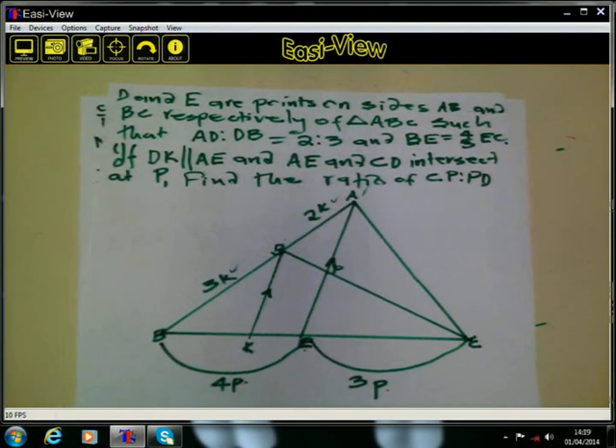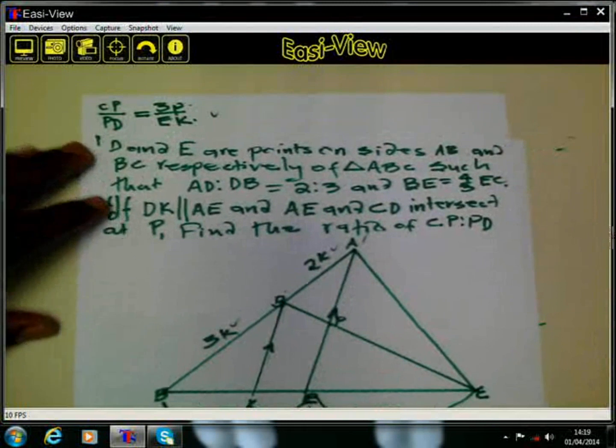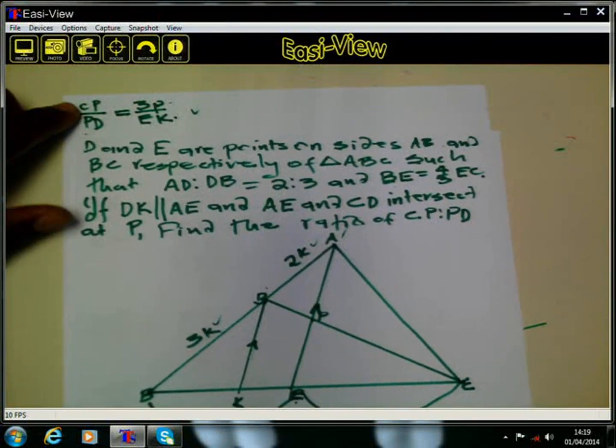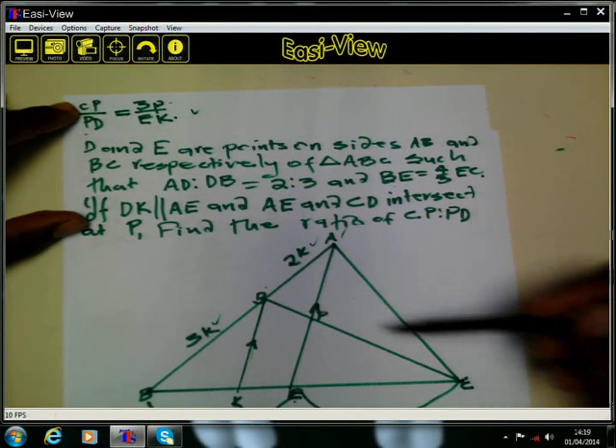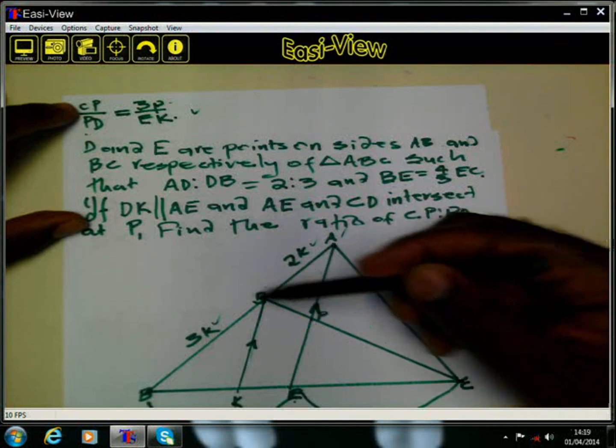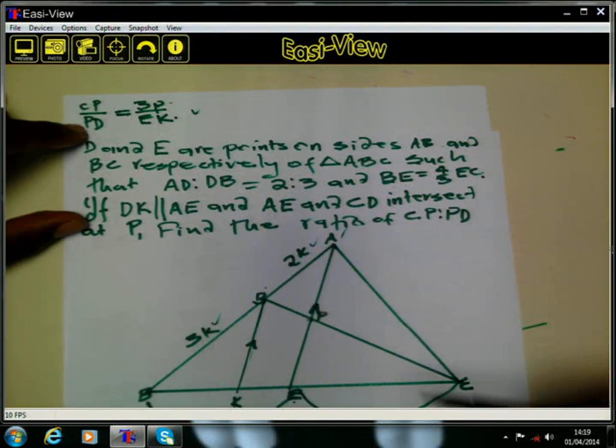That's why if we look at CP over PD, that must be equal to the side which is in proportion to that. We have taken CP over PD, so you must also take CE over EK.